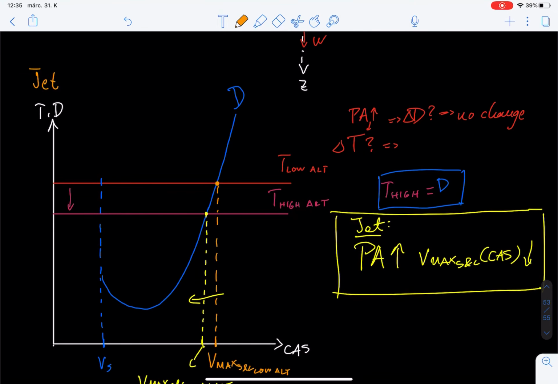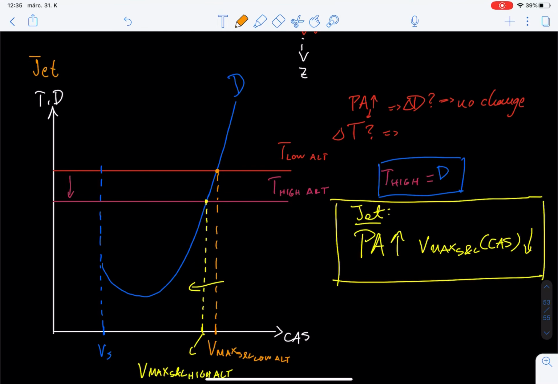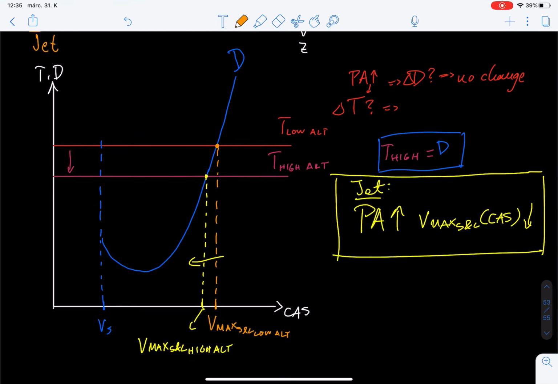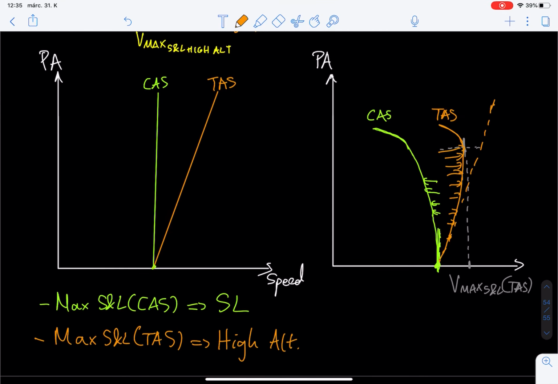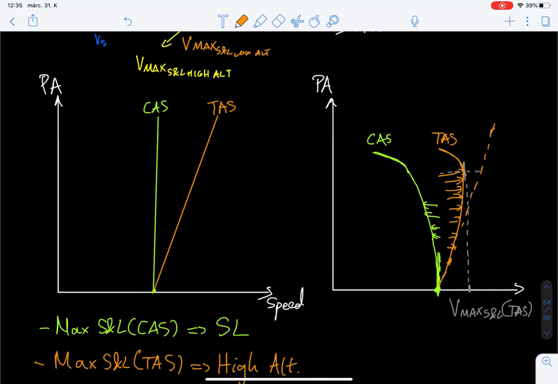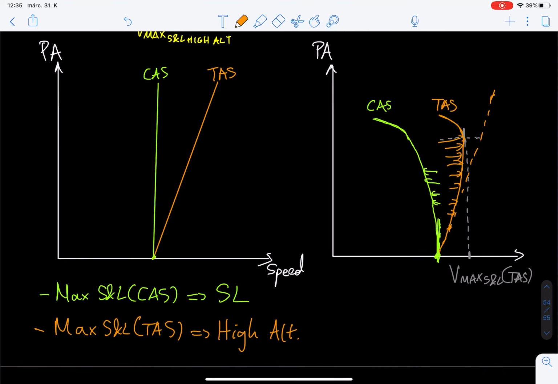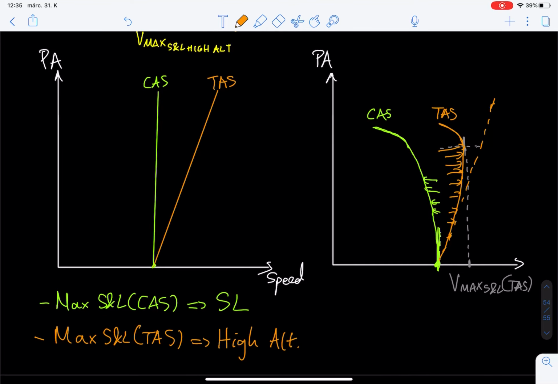And this maximum speed with regards to calibrated airspeed is continuously decreasing as altitude increases for both cases. So therefore the calibrated airspeed is going to be highest at sea level and is going to continuously decrease as pressure altitude increases. But we can also see that the true airspeed is going to be highest at a higher pressure altitude.